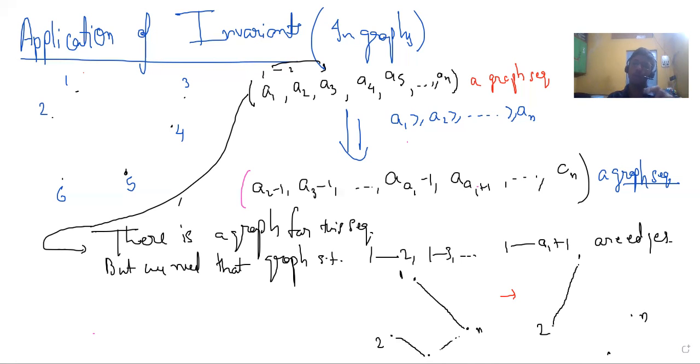That vertex will exist because this is a decreasing sequence: 2 has more neighbors than n has. So there will be some vertex which 2 has as a neighbor but n doesn't. Then you have to use that to make a switch. This is the idea. You have to build a proof out of this.